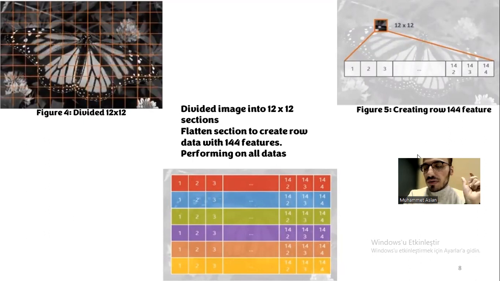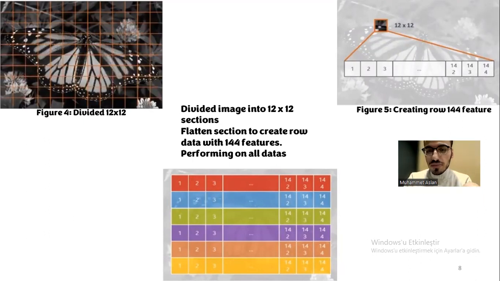And then we are increasing the feature numbers until 144 again. This means each section has 144, and then we have these section rows until 144. You can see from the bottom.